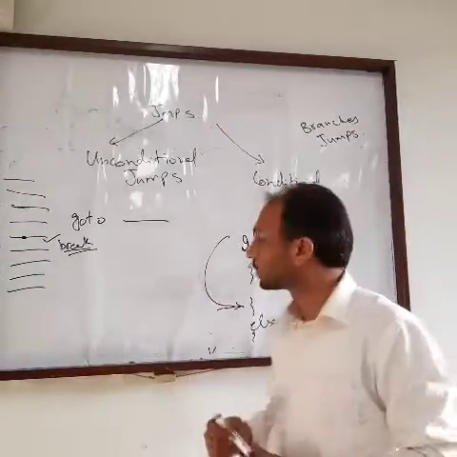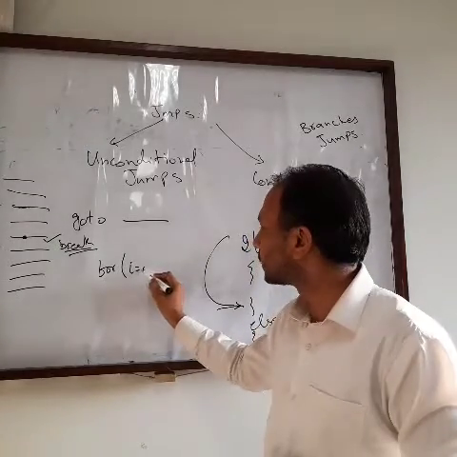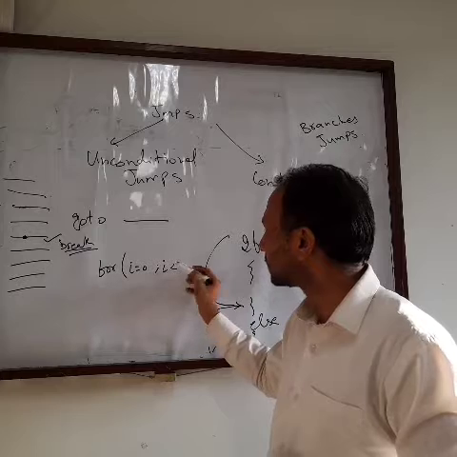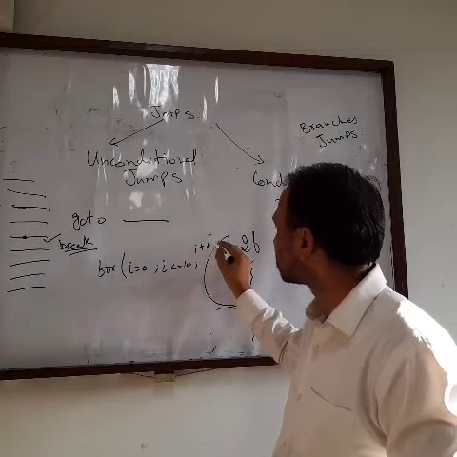For example, loops. What do you do in your loop? For I is equal to 0, I less than or equal to 10, I plus plus.